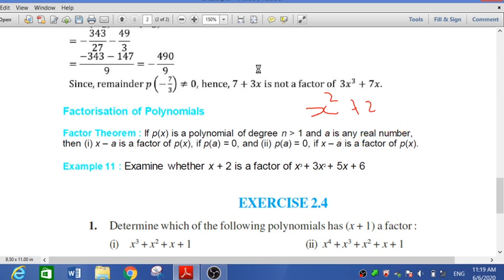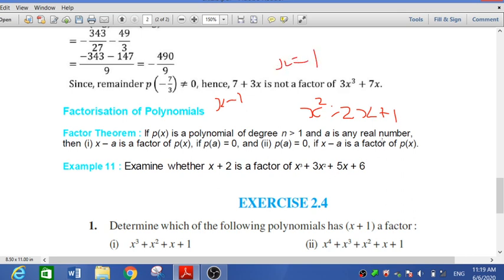Now again we try, again x square minus 2x plus 1. Now is x minus 1 a factor? What do I have to put? x is equal to 1.